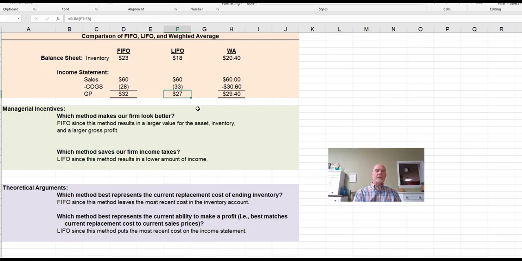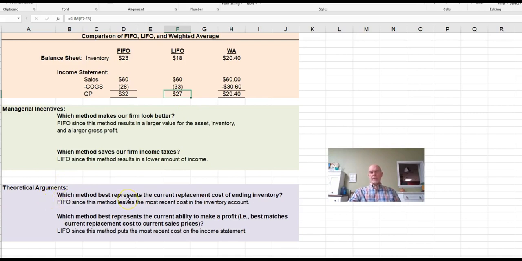But you might be thinking, okay, so we've talked about why a company would want to use one versus the other. But if you were making the rules, it seems like you would just make everybody use the right method. Which method is correct? Well, there are theoretical arguments in favor of both. For example, think about the balance sheet.